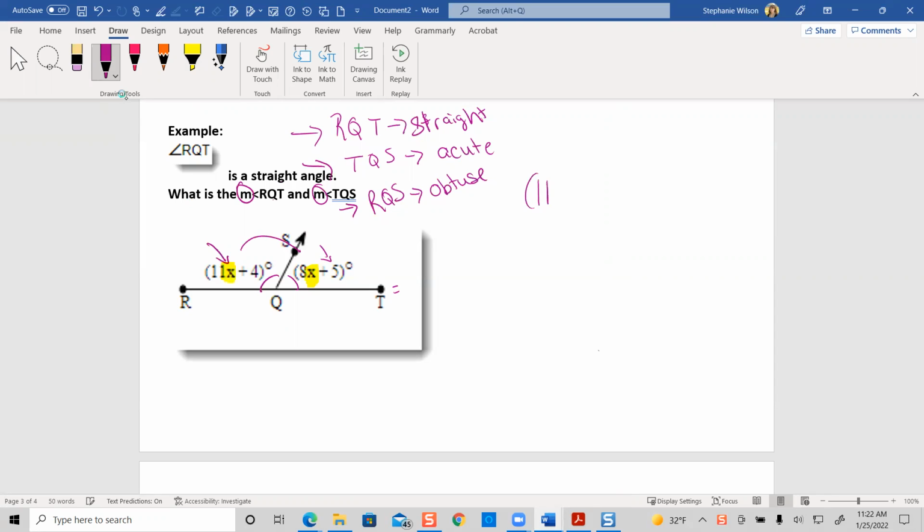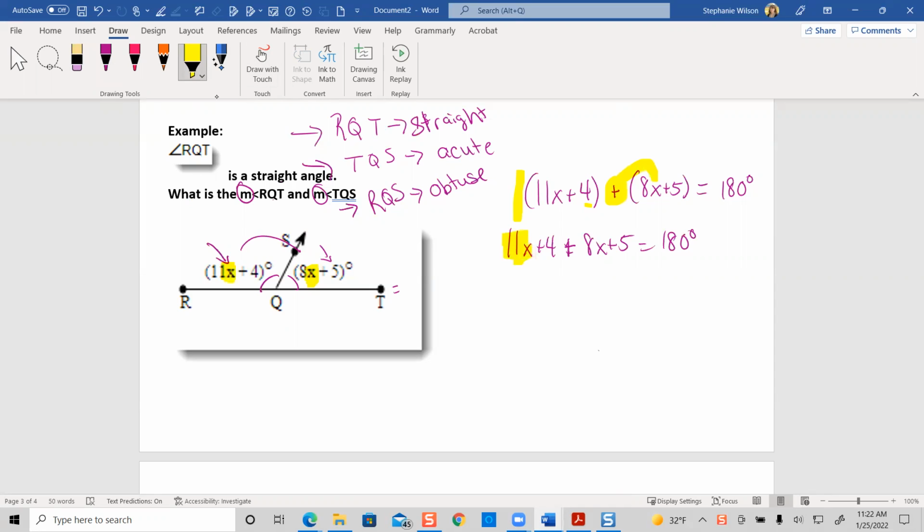I'm going to take 11x plus 4, add it to 8x plus 5, and it's all equal to 180 degrees. Now, there's nothing outside these parentheses to change anything, so I can drop the parentheses. So now I have 11x plus 4 plus 8x plus 5 equals 180 degrees.